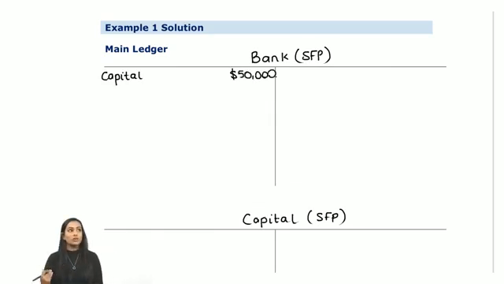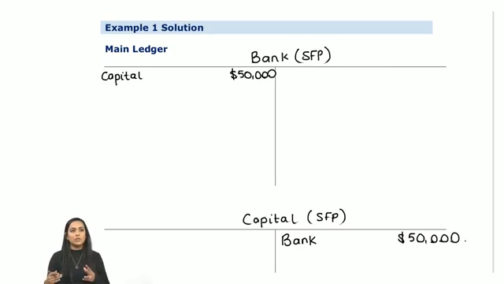And then on the credit side of capital, you write bank, 50,000. So we write a description as to where this money has come from. The bank account is telling me that I've had an increase of 50,000. That's because someone invested money in the business. Okay? So each T account is telling you a story. Let's move on to the next one.